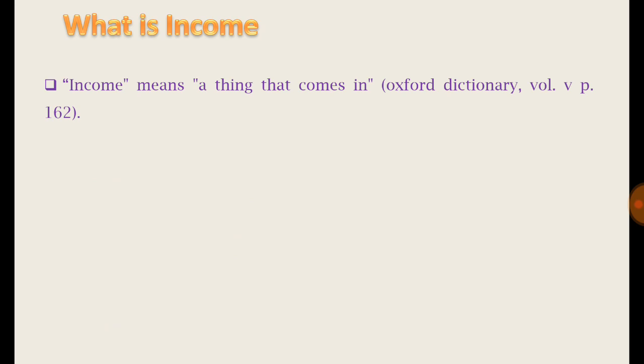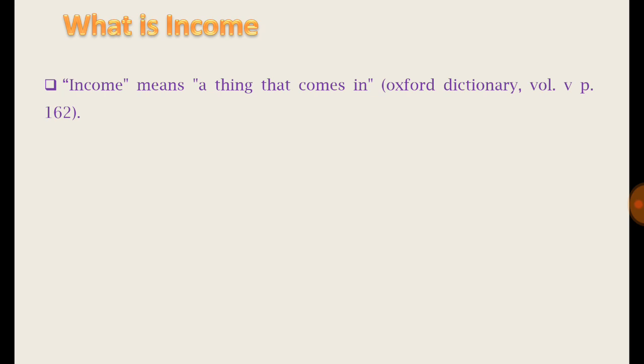Therefore, we must see what is the concept of income, which is the subject matter of taxation under the name income tax. In general, we must see what is income. According to the Oxford Dictionary, income means a thing that comes in. So you should understand that income means that thing that comes in from outside.